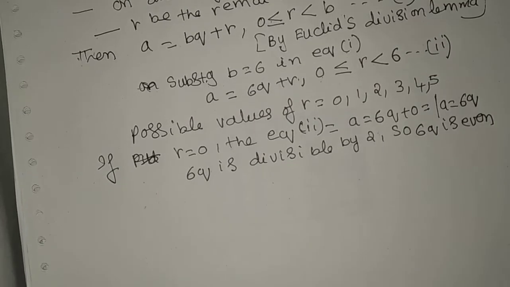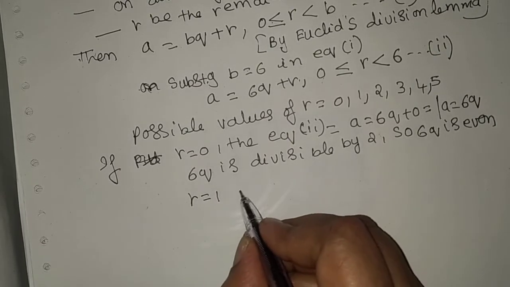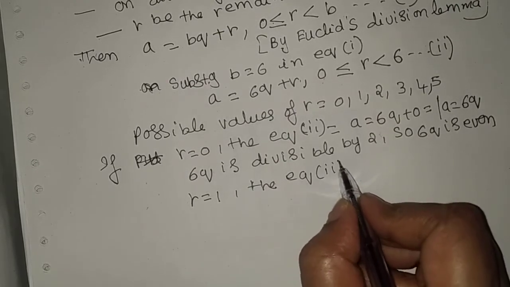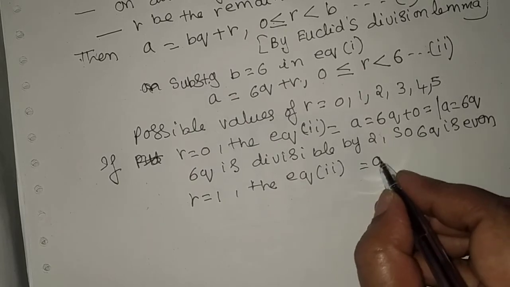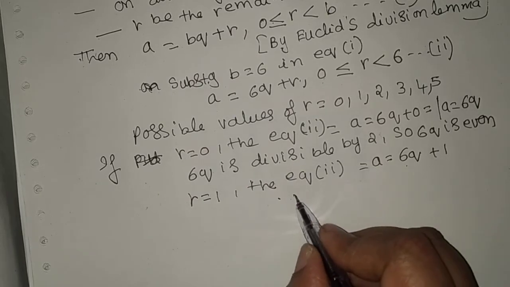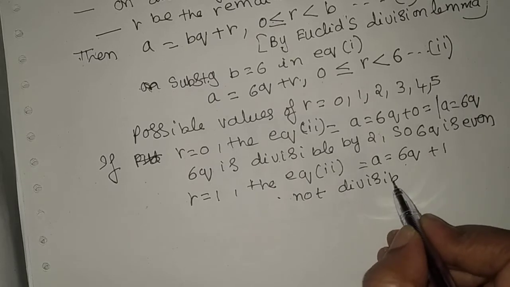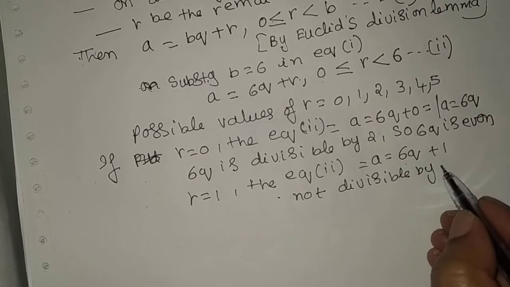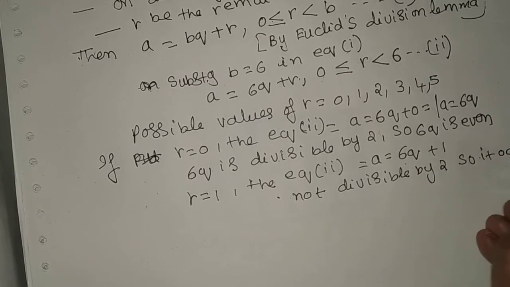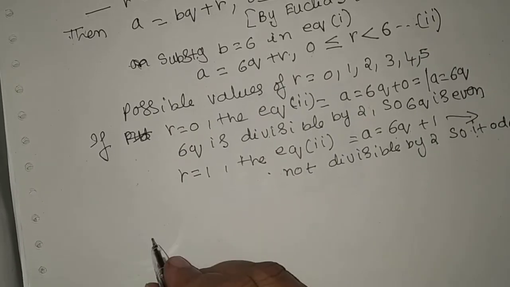Similarly, substituting for all, r is equal to 1 in equation 2 gives a is equal to 6q plus 1. This is not divisible by 2, so it is odd.